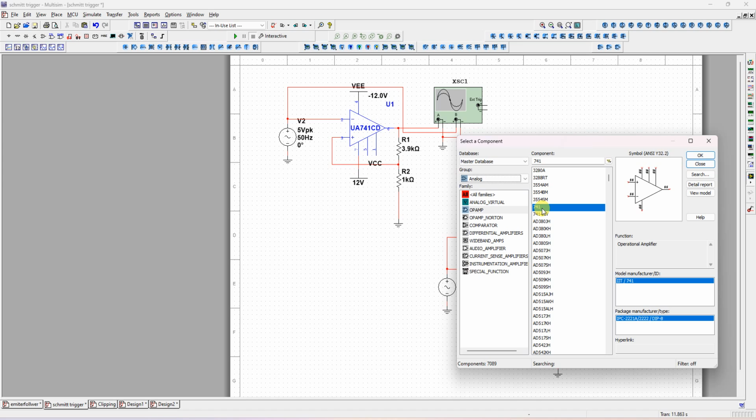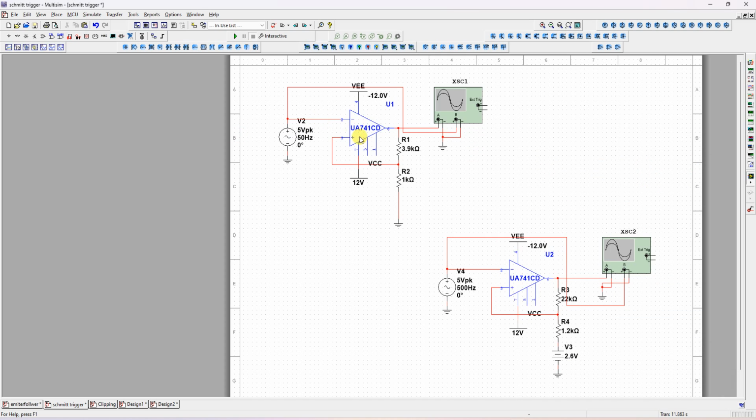You can select UA741, or you can type here UA741 CD. You'll get any one. You can use CP also, you can use MJ also, anything. So any 741 series you can connect here.